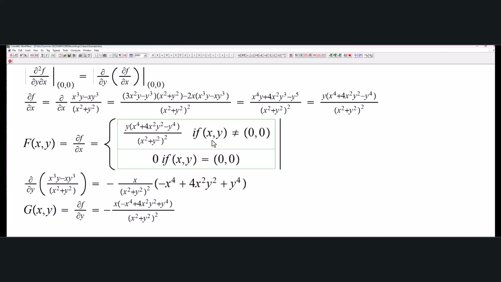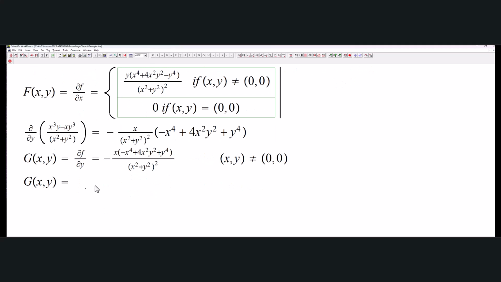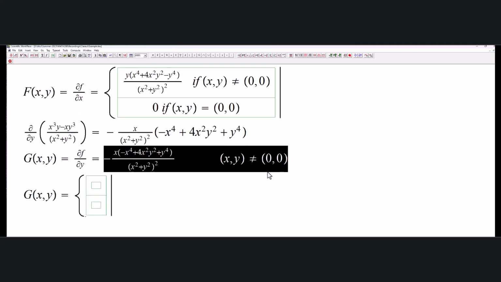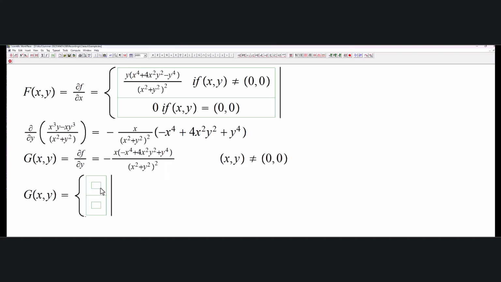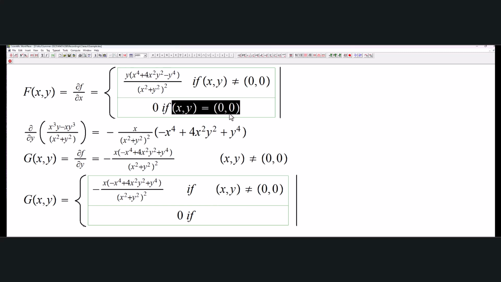So this is when xy is not equal to 0, 0, and we know it is 0 at 0, 0. So let's write it as a piecewise function. So now g of x, y equals this function for xy not equal to 0, 0. Let me just write an if here. And it is 0 if xy equals 0, 0.